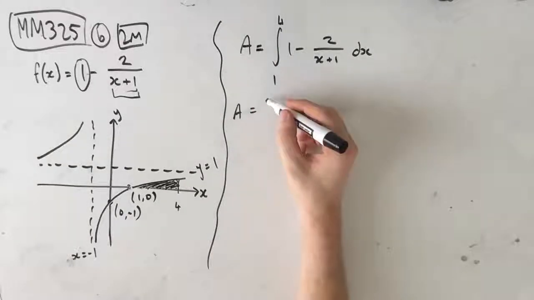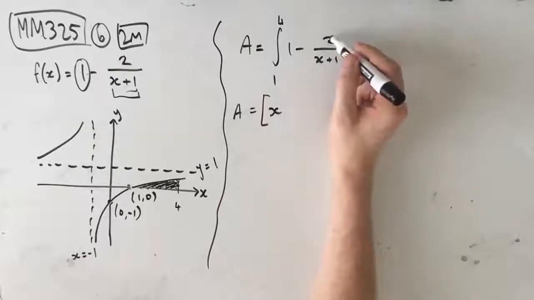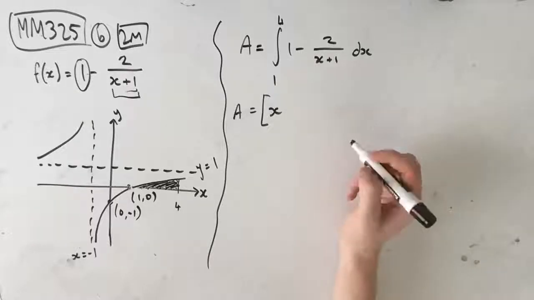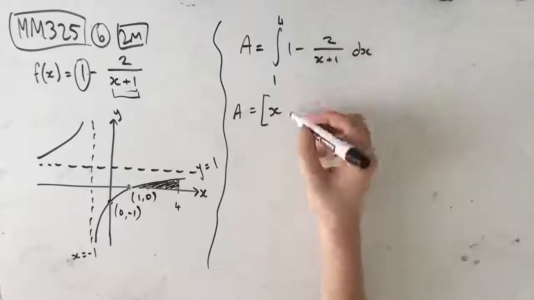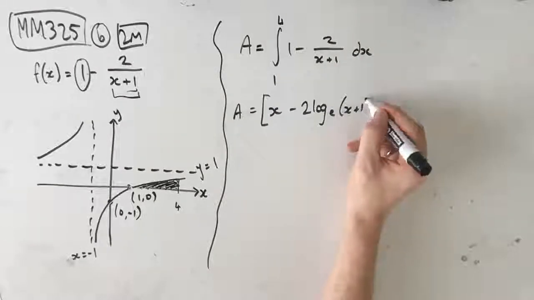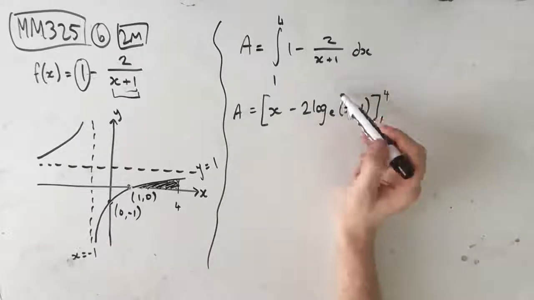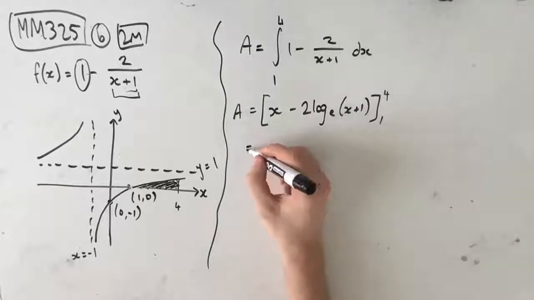So integral of 1 is x, and then this hyperbola changes into a log. Okay, so the integral of 1 on x is log e of x. So the integral of -2 on x plus 1 is -2 log e of x plus 1 from 1 to 4, okay? So we take this, put it in the bracket here, and this 2 just goes out the front.